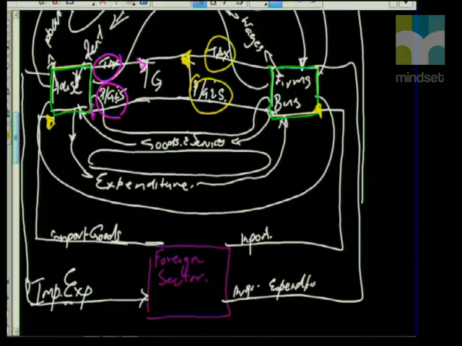But what about exports? Yes, the households also export goods. Some households, but mostly we see this situation operating with what? With firms. The firms are exporting goods.